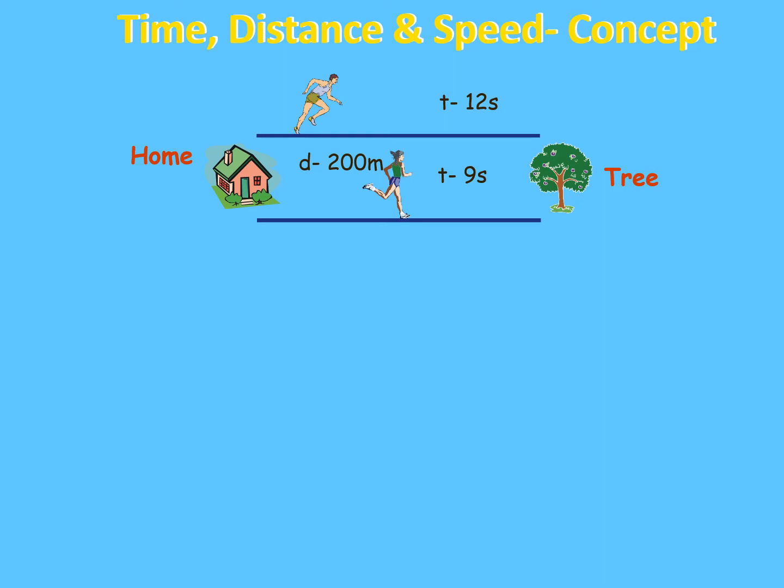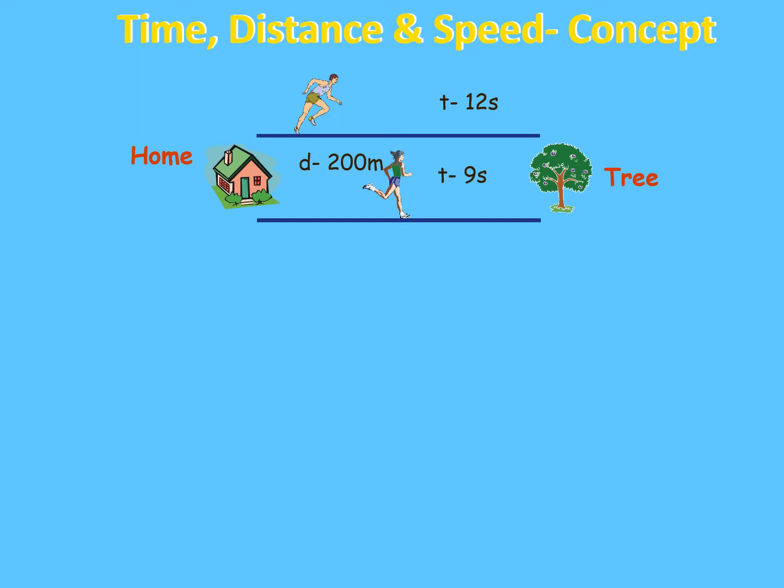Now, this boy and girl run at the same time going to the tree, covering the same distance. The boy uses 12 seconds to cover that distance, and the girl uses 9 seconds to cover that distance.